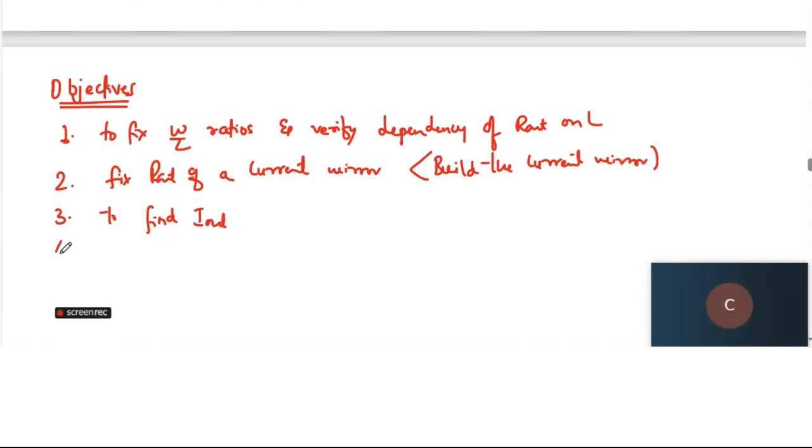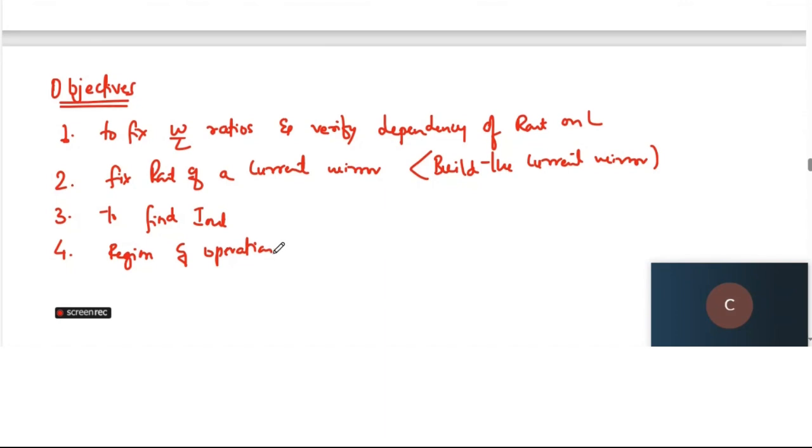And then finally, we'll also see the region of operation of that particular current mirror. What I mean by region of operation is whether the MOSFET which we are using for the current mirror is in the linear region, saturation region, or in the cutoff region. So we will try to gain some insights into all this.